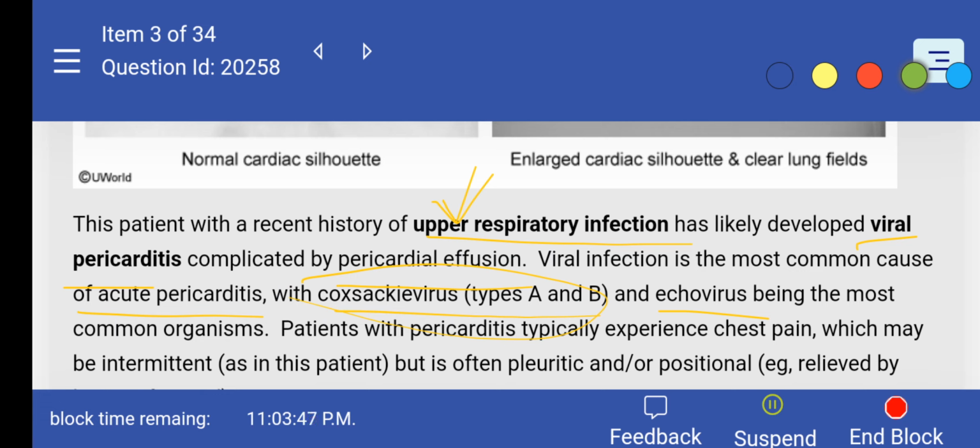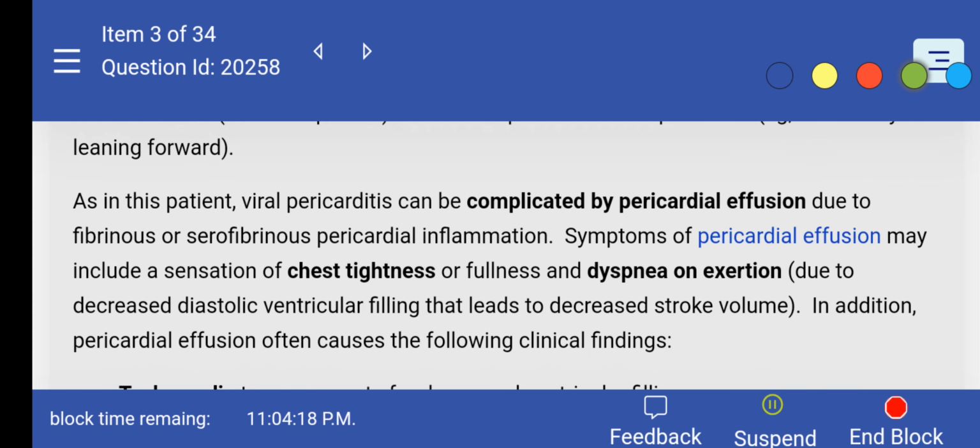Patients with pericarditis typically experience chest pain, which may be intermittent, as in this patient, but is often pleuritic and positional, that is relieved by leaning forward.